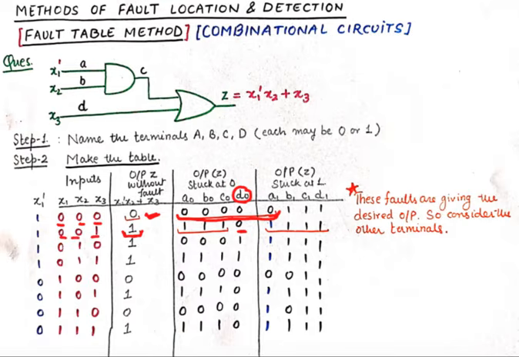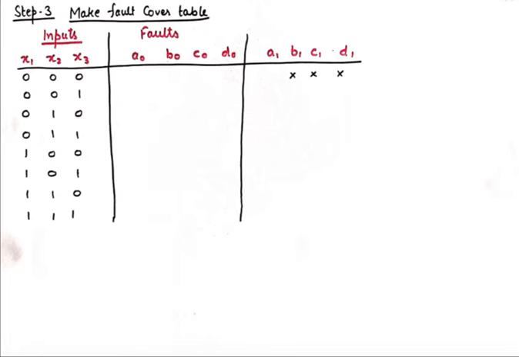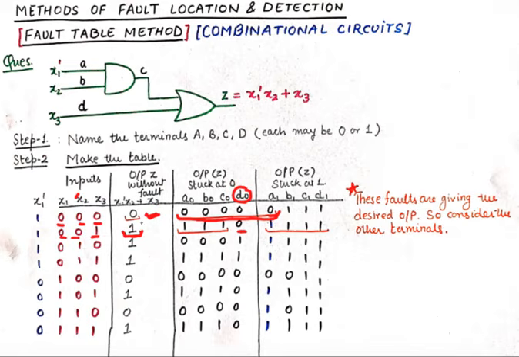So this is the rationale behind populating the second table, which will look something like this. Please see, our fault-free output for 0, 0, 0 was 0. So what we do is we put a cross at these three conditions. Then we put a cross here because all the others are replicating the same fault-free output.